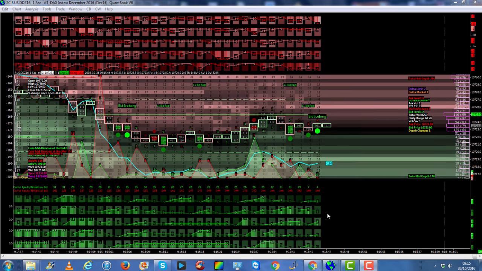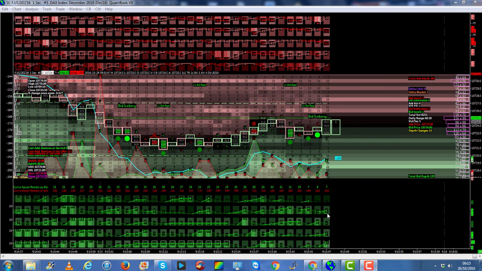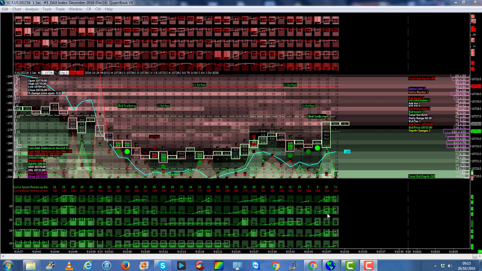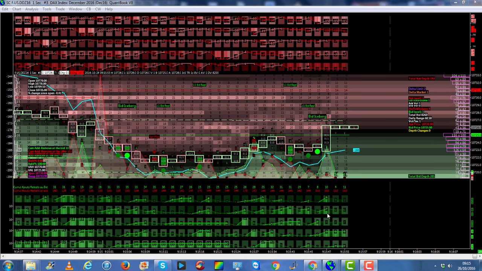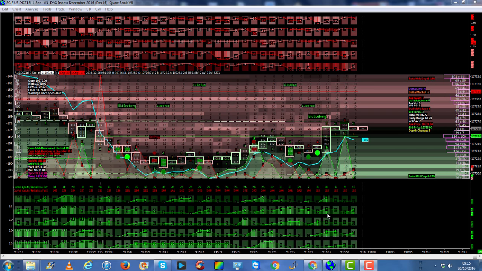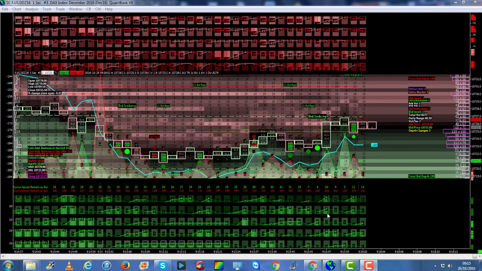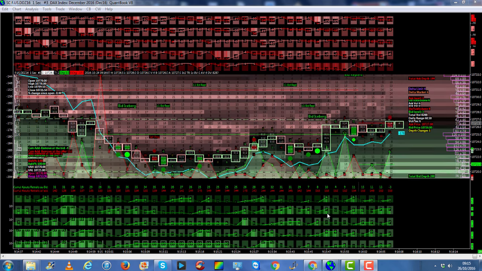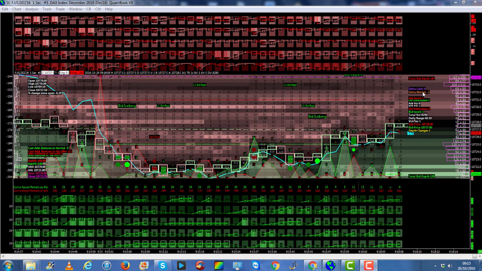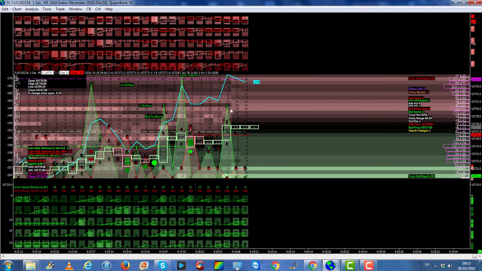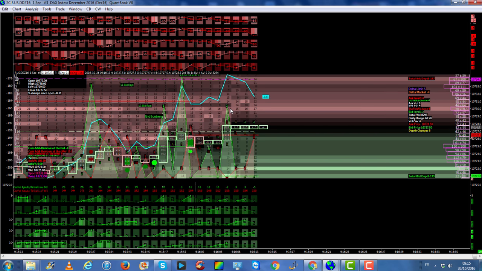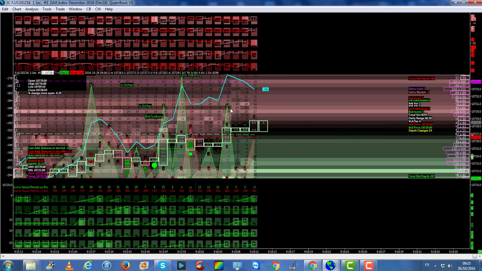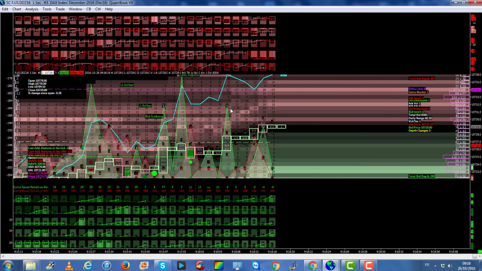For a short video on the QuantBook version 8, the latest version, we will see the meaning of all these HFT text label alerts. As you can see in the middle of the chart, there are some big green points and big red points.